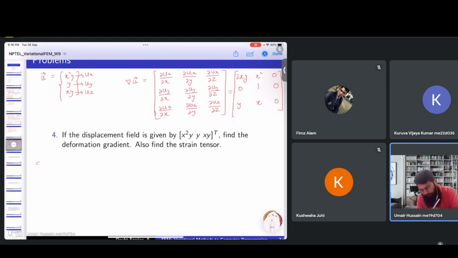Now we need to find the strain tensor. So strain tensor is the symmetric component of this tensor, right? So how do we calculate that? Any idea?